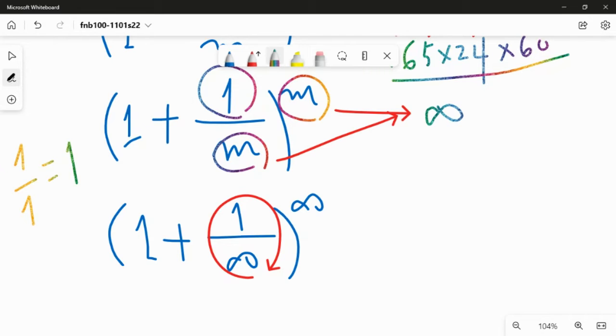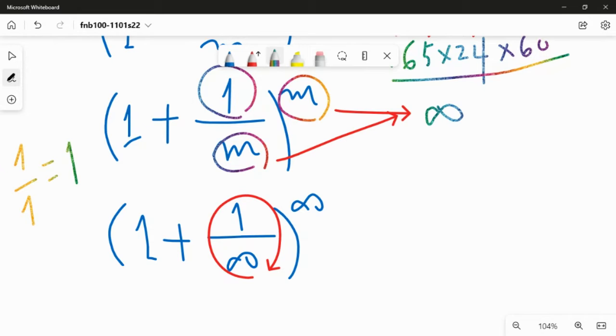And logically, what is it going to be? I'm using the whiteboard and sharing the screen, so you should be able to see it. I didn't write 1 times infinity. It's 1 divided by infinity. What should it be?